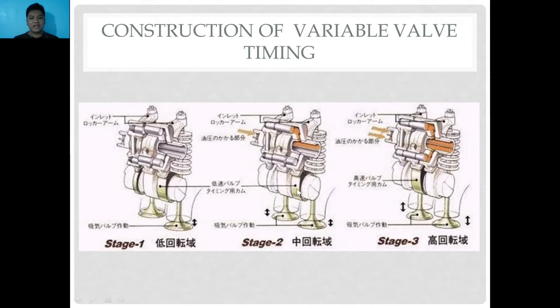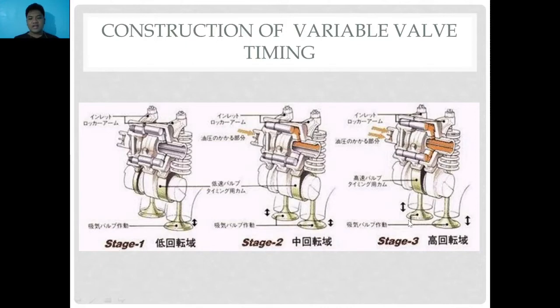And in stage 2, this is where mostly we are having higher RPM, which needs a slightly higher cam profile, which the oil regulates, as you can see here as it flows there.